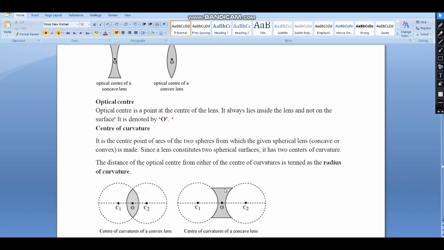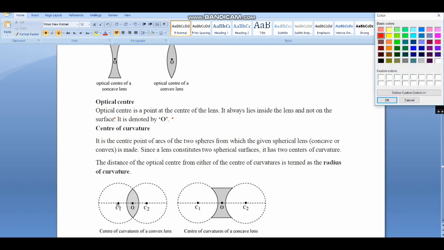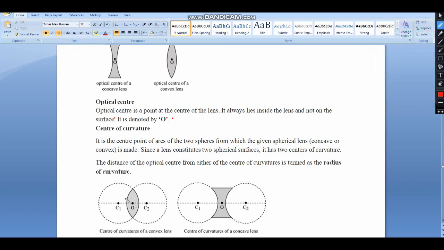Next, the distance between the center of curvature and the optical center is called the radius of curvature, a small r. This distance is known as the radius of curvature, and similarly the distance between this point and this point is also the radius of curvature.